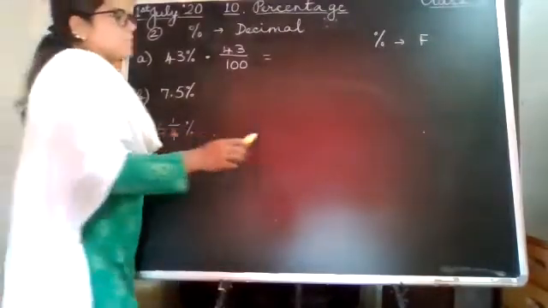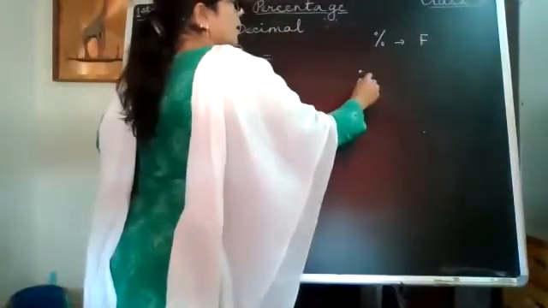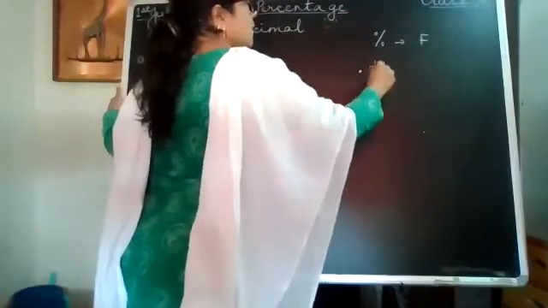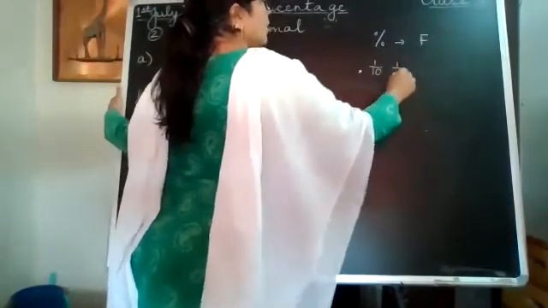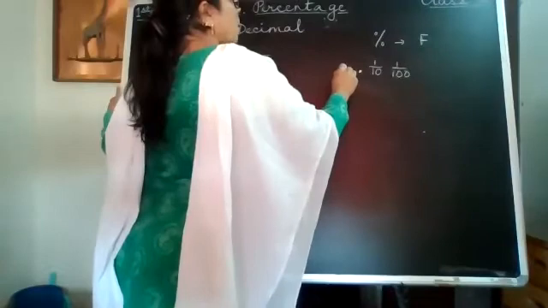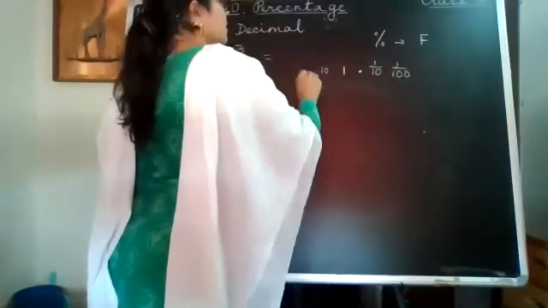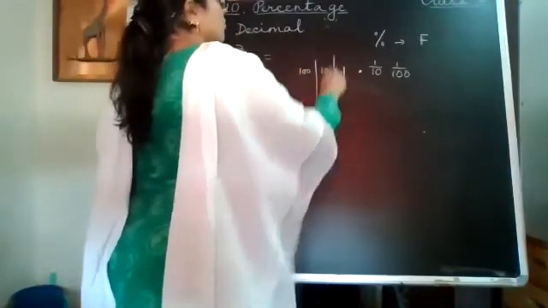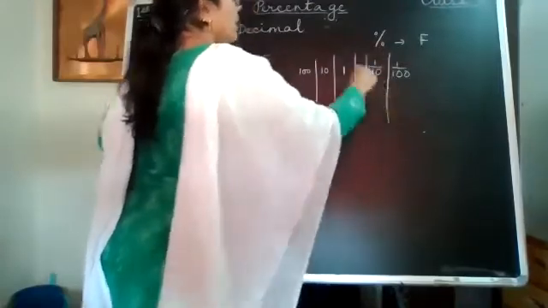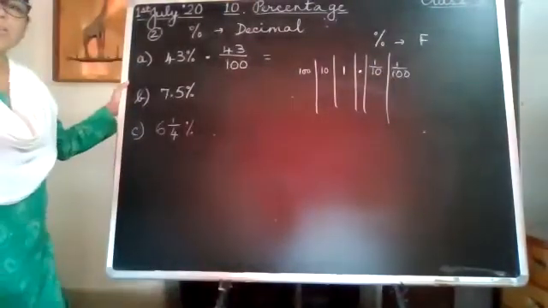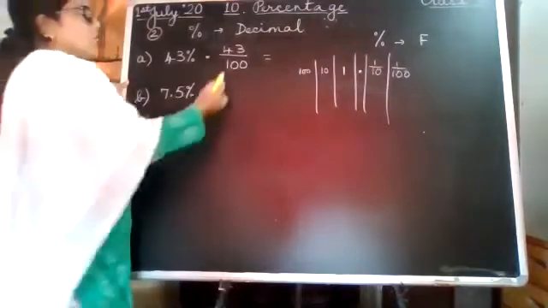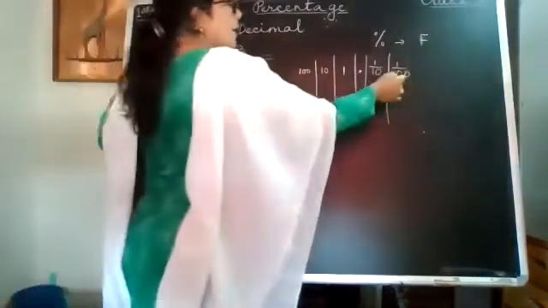Remember the decimal place value chart. After the point, you had the tenths place, then the hundredths place. Here you had ones, tens, hundreds. So this is the way your decimal place value chart looks. So if it is upon 100, it means the hundredths place.